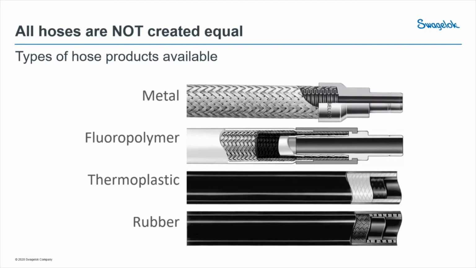And then we also have these two on the bottom, which we'll talk less about. The first one is thermoplastic, which is often used in impulse pressure applications, which are often hydraulics or pump related. And last but not least, we have this rubber hose, which is generally used for non-critical applications, a lot of times shop air, things like that.